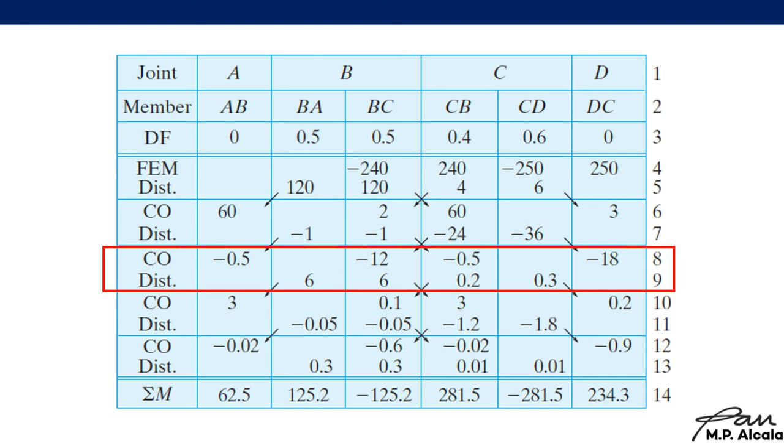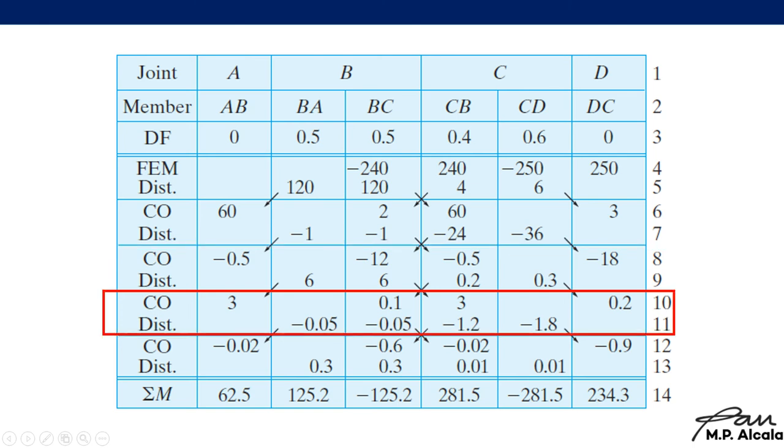You should add positive 0.5. But then, what will be the partition from the distribution factor 0.4 multiplied by 0.5, 0.2, and 0.6 multiplied by 0.5, 0.3. Alright?